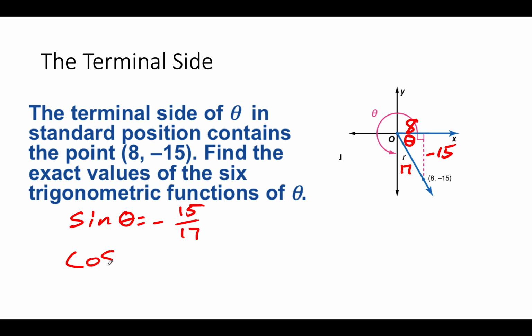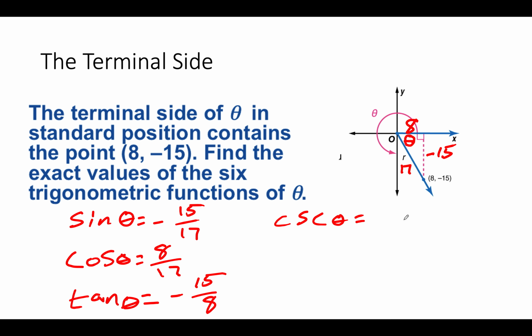The cosine is the adjacent over the hypotenuse, 8 over 17. Notice sine is negative in quadrant 4. More on that later. And the cosine is positive in quadrant 4. And then the tangent is equal to the opposite over the adjacent. And tangent is always a little bit funky. And then the cosecant, we flip it over. And then the secant, we flip over the cosine, 17 over 8.